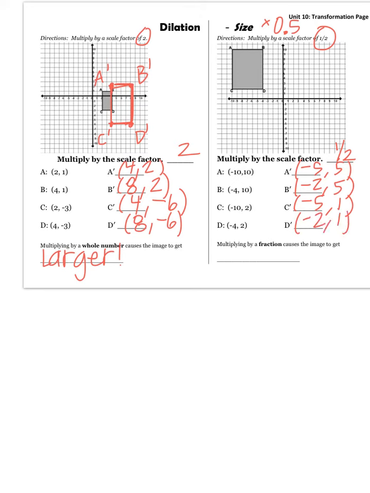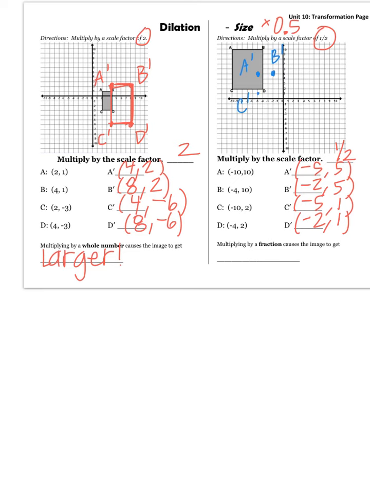Okay, so we'll plot those points. Negative 5 and 5 will be A prime. B prime is negative 2, 5. C prime is negative 5, 1.